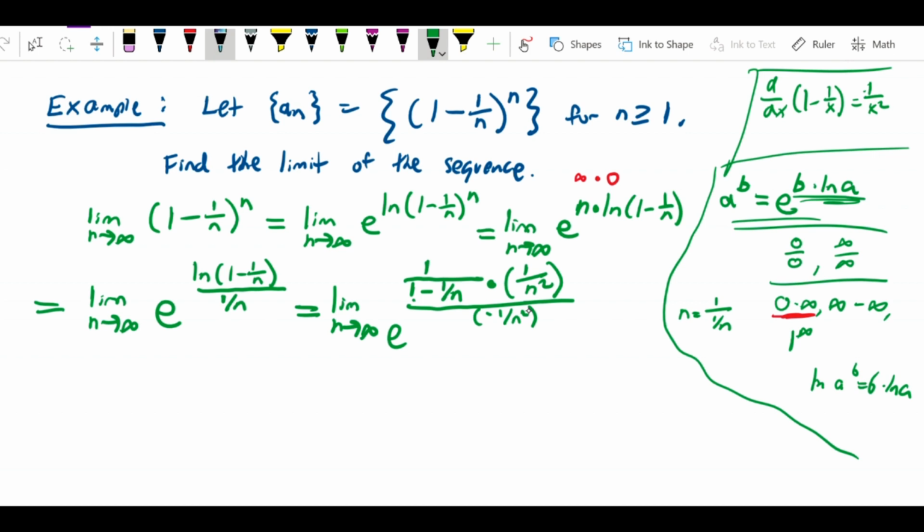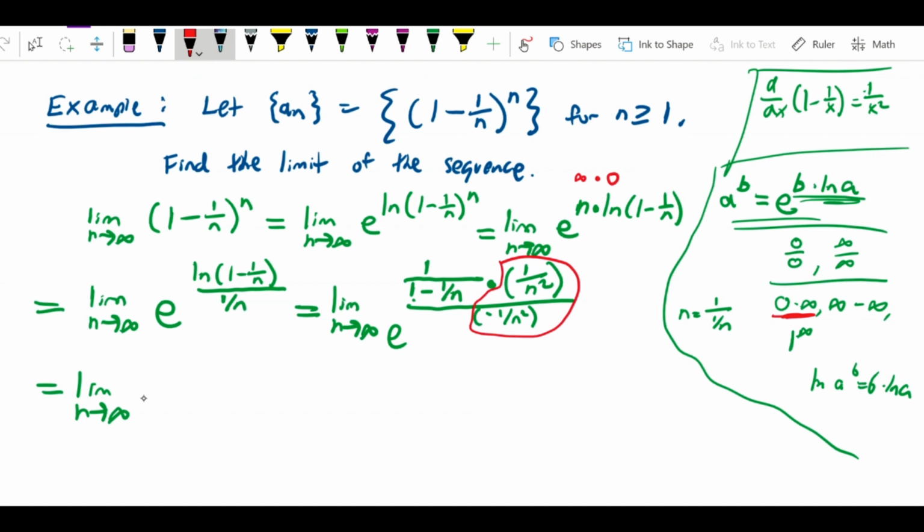So what I now have is the limit as n approaches infinity of e to the 1 over 1 minus 1 over n, and then these terms here, I have 1 over n squared divided by negative 1 over n squared. That's just going to be negative 1.